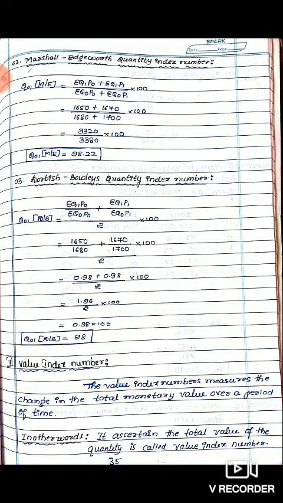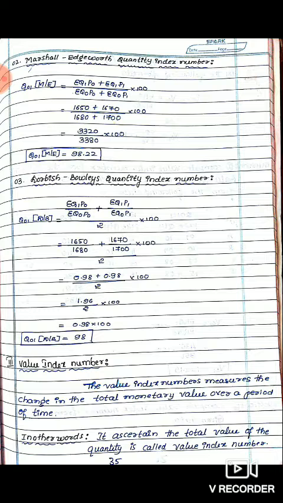The value index number measures the change in the total monetary value over a period of time, or in other words, you can say that it ascertains the total monetary value of the quantity is called value index number.